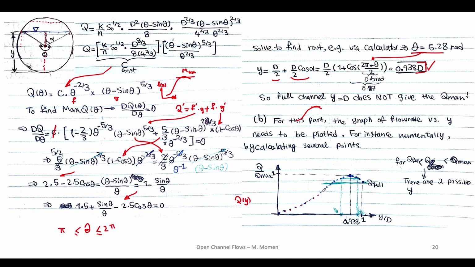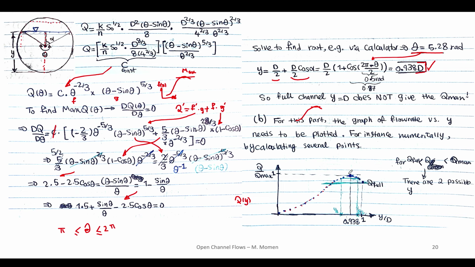Okay, and then if you do this, either numerically or by calculating several points, you will get a graph like this. So you see, when y over D is 0.938, you have the maximum flow rate, where Q over Q max is 1.